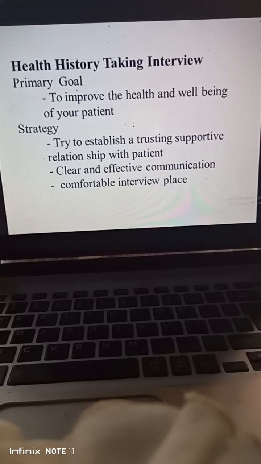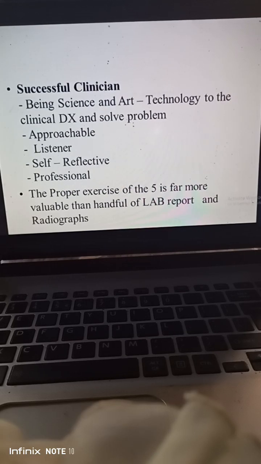So your strategies need to be to try to establish a trusting, supportive relationship with the patient and to have clear and effective communication, and also the place of interview should be comfortable to your patient. So these are important strategies that you have to follow.